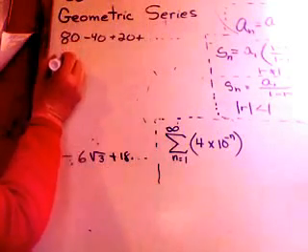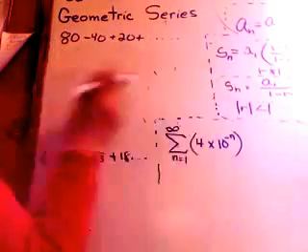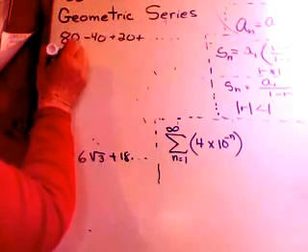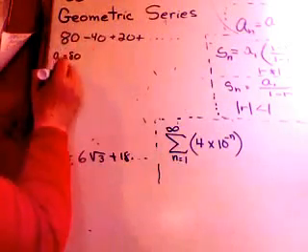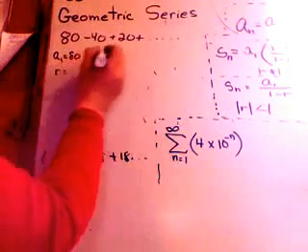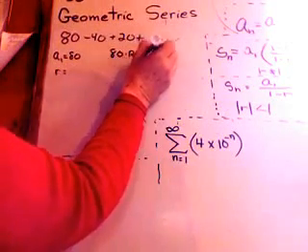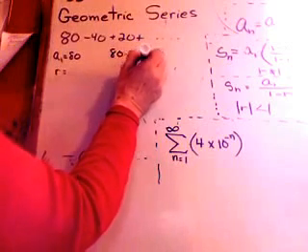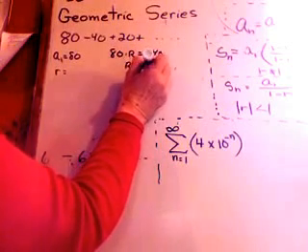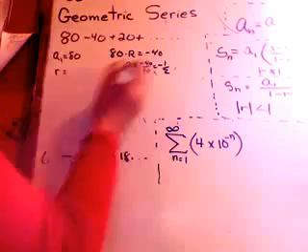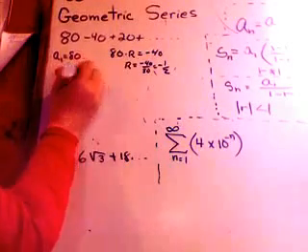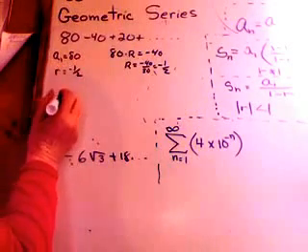All right, first thing we need to do is find the parts. Do I know a1? Yeah, it's 80. Do I know r? I can find it. 80 times r equals negative 40. r equals negative 40 over 80. How about negative 1/2? Okay, negative 1/2. All right, let's go to using the formula.